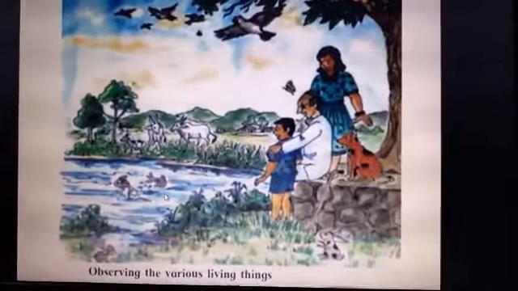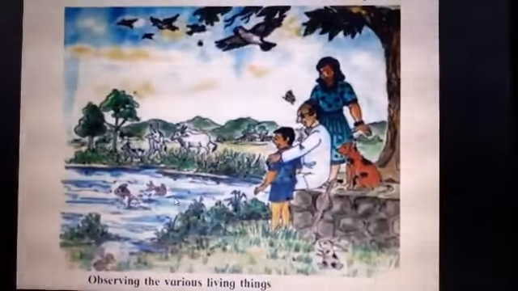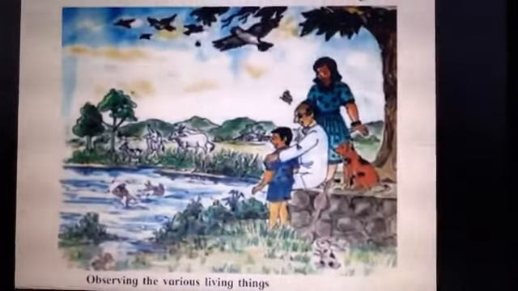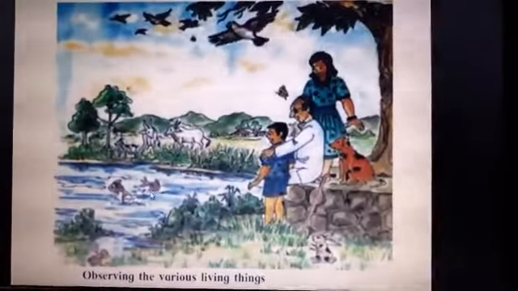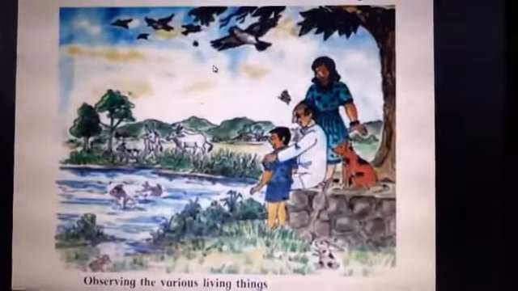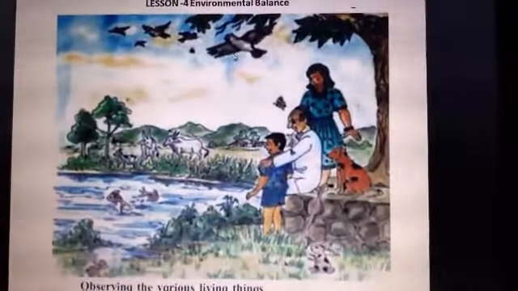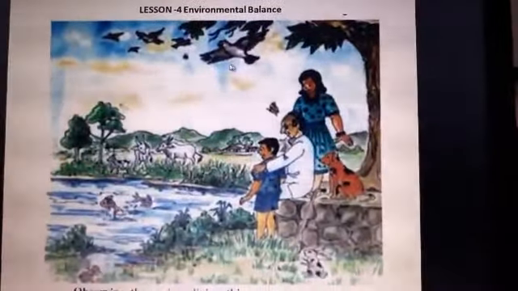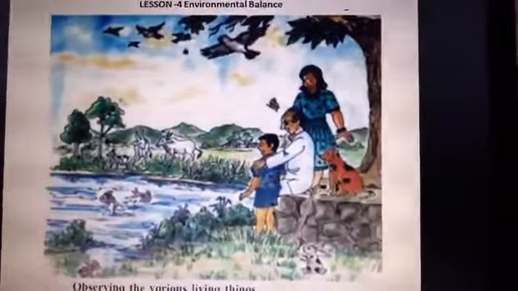Here what we have seen, fishes are there. There are many other aquatic animals also which are present in the water. So biosphere is present in the water also, on the land. And this is what? Air, in the atmosphere. The birds are flying in the air. So biosphere, that is the living things, are present in the atmosphere too, right?